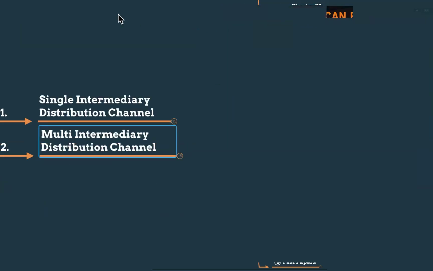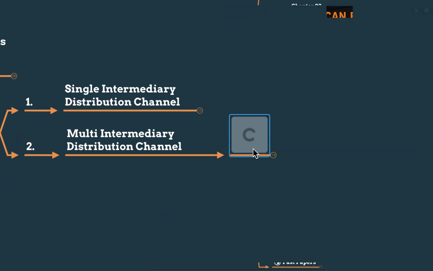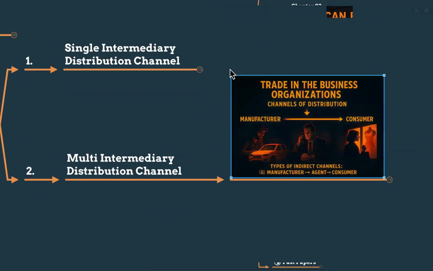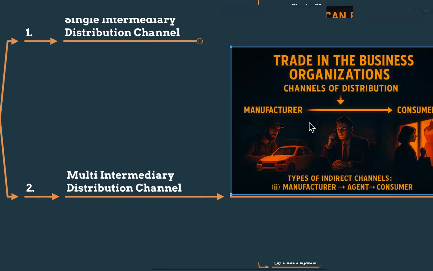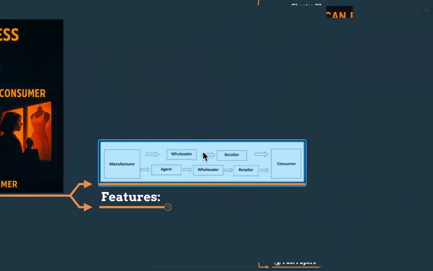Okay, now let's talk about the multi-intermediary distribution channel, right? It means from the manufacturer to the consumer, there is more than one intermediary: agents, wholesalers, retailers. There are so many people involved.